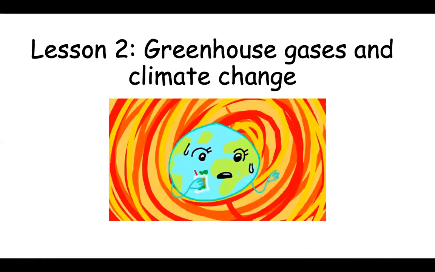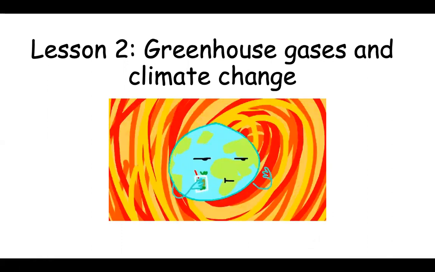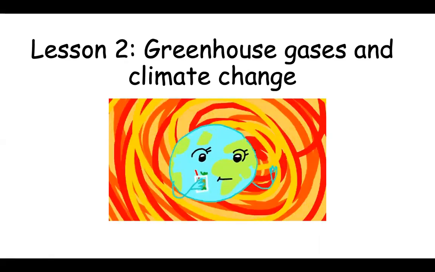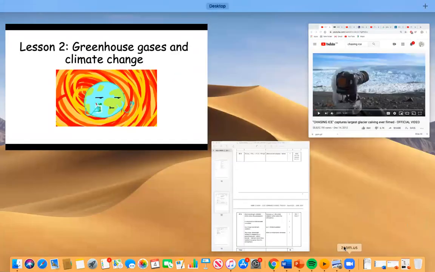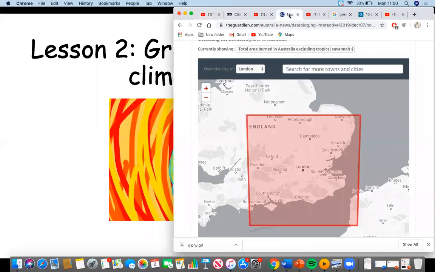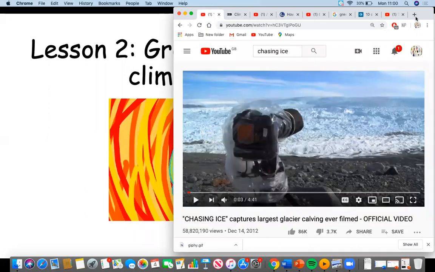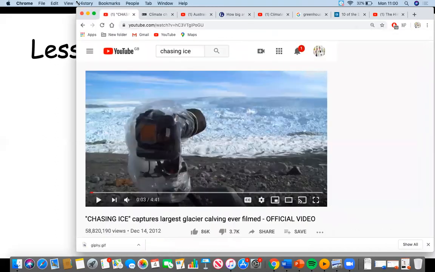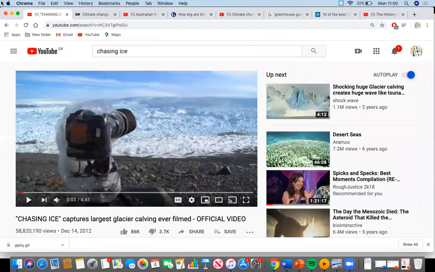So lesson 2 is about greenhouse gases and climate change. And we've got a few little videos to go through. So the first is taken by some climatologists, and what they were trying to observe is ice caps melting.